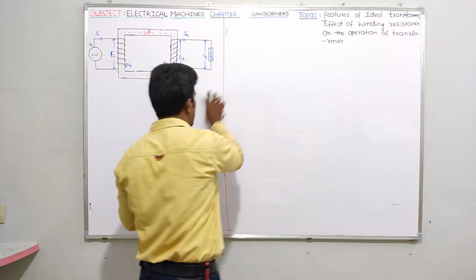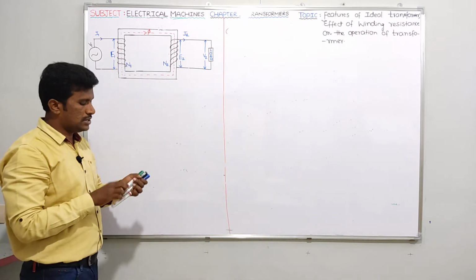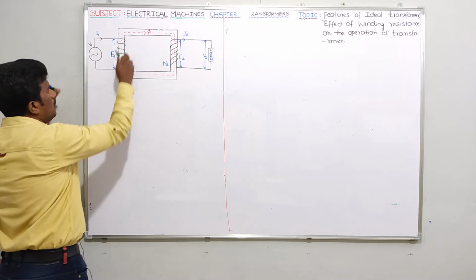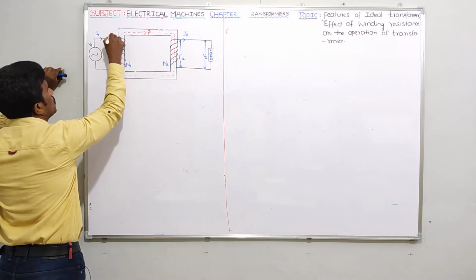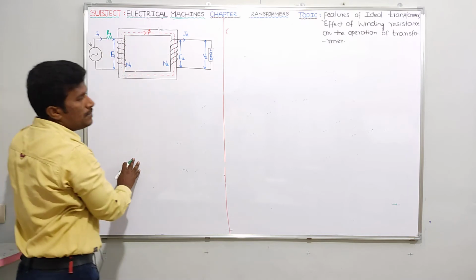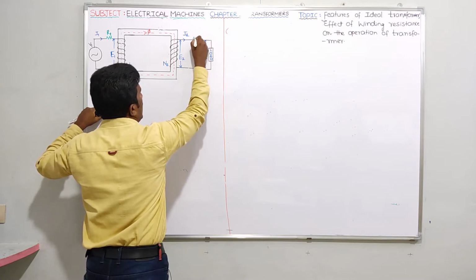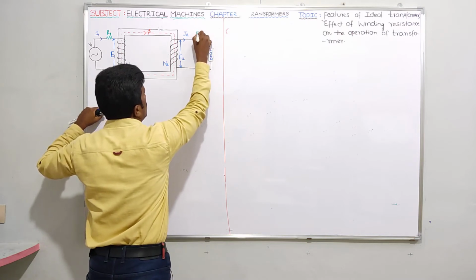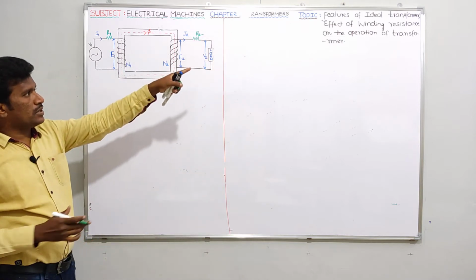That small resistance value you have to show in the circuit. This primary winding will have some resistance, which you have to show. Let me take it as R1. Similarly, secondary winding will have some resistance. Let me show it as R2.